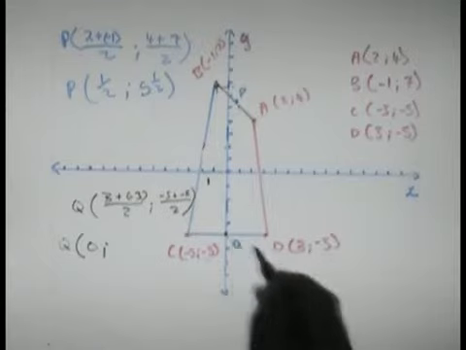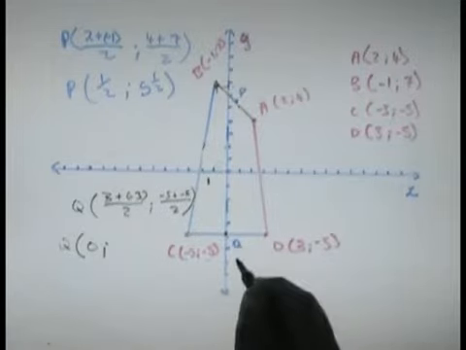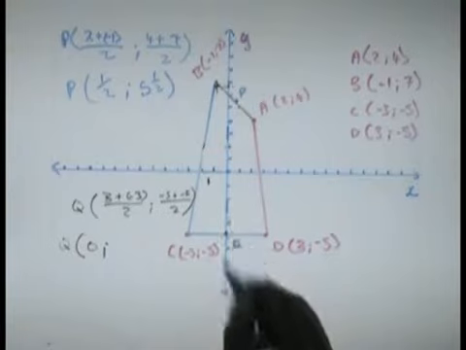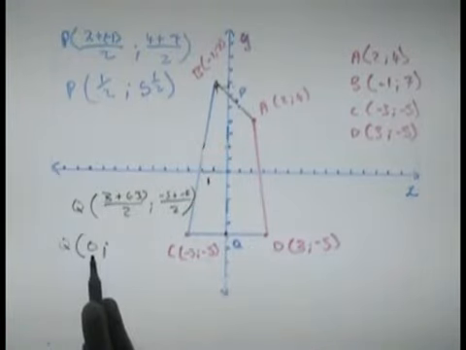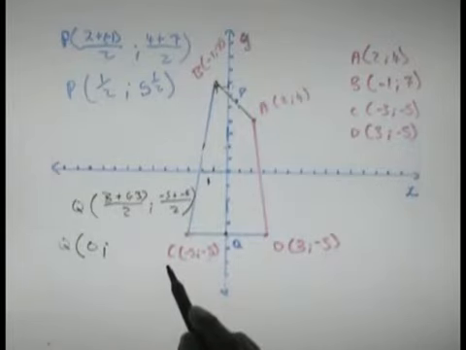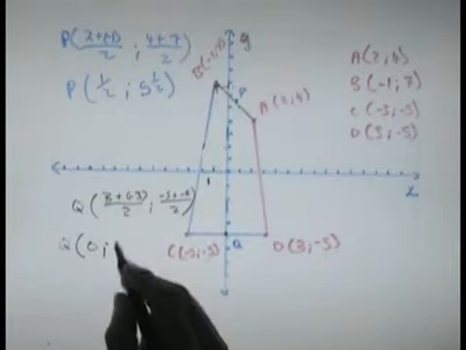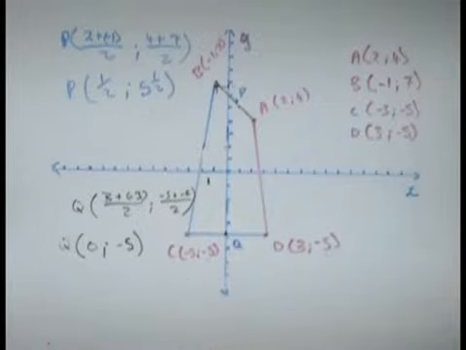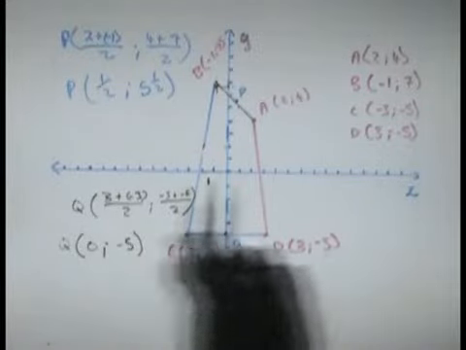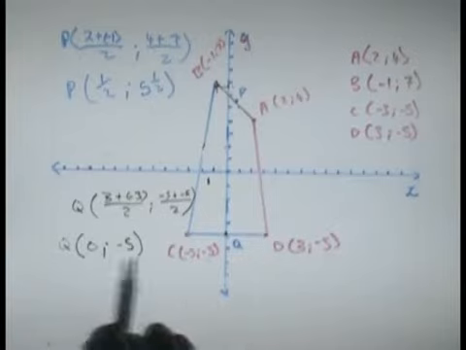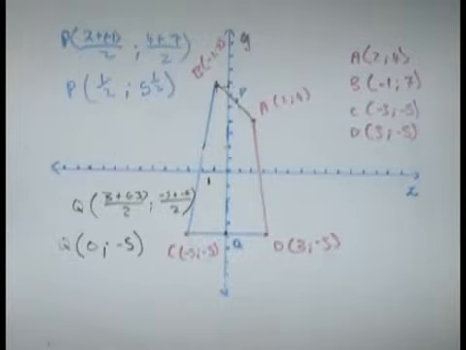That makes sense because Q lies exactly in between, but it also lies on the y-axis, which means that the x value is 0. Minus 5 plus minus 5 is minus 10, divided by 2 is minus 5. And that also makes sense because it's on the line that is parallel to the x-axis, on the line y is equal to negative 5. That means that anywhere along this line, the y coordinate is going to be negative 5.